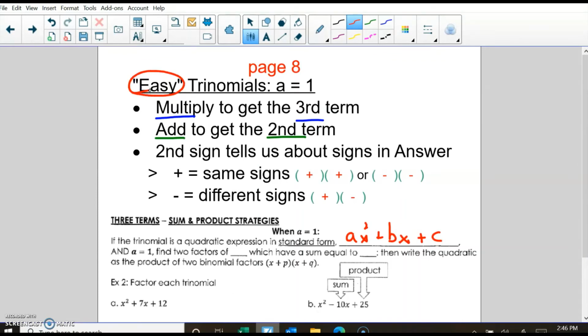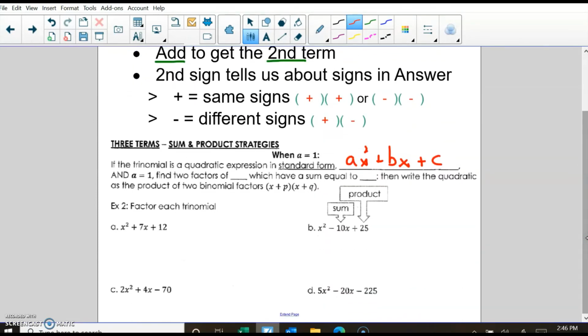This is what makes them easy. You're finding two factors of the third term, or c, which have a sum equal to b, which is exactly what I was telling you above: we multiply right here to get the third term, and add right here to get the second term.